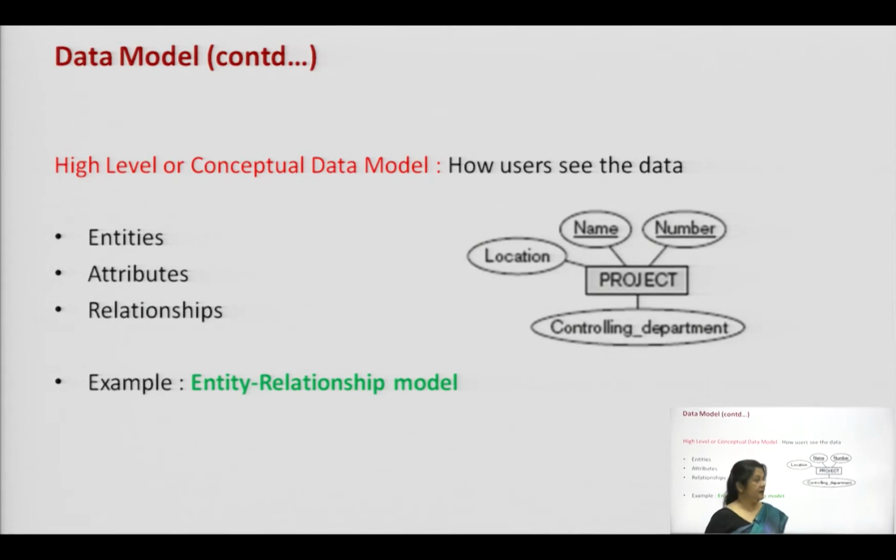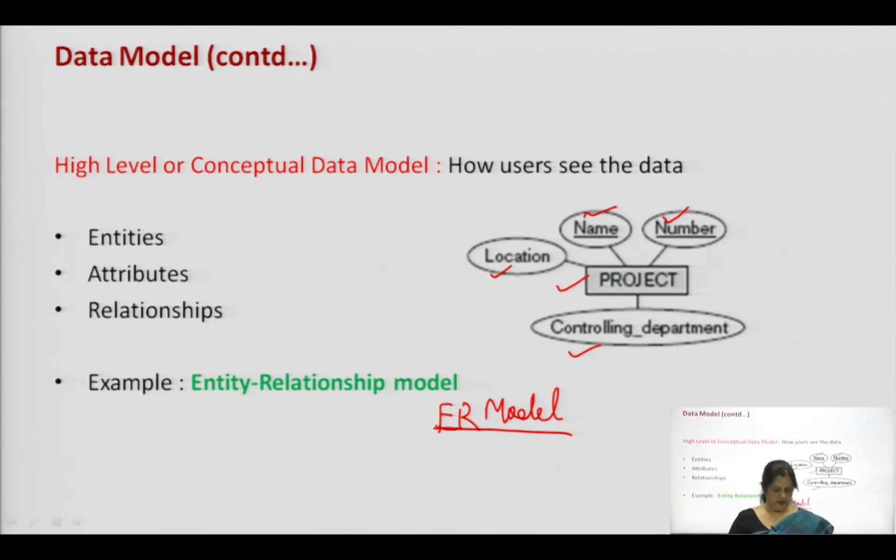The project has attributes or descriptors which are describing the project: the name of the project, the number of the project, the location of the project, and the controlling department of the project. So, this entity relationship model, also called the ER model, is describing the project which exists in a system, in a mini world, in this manner.